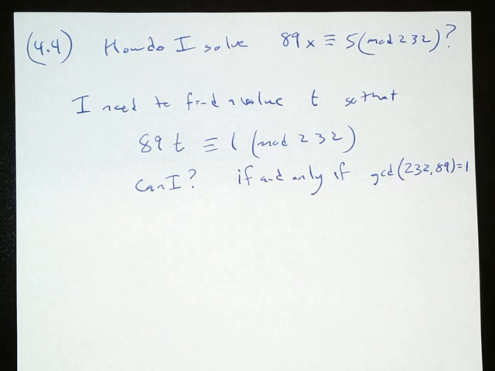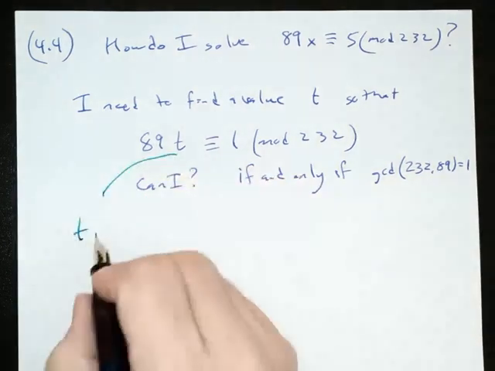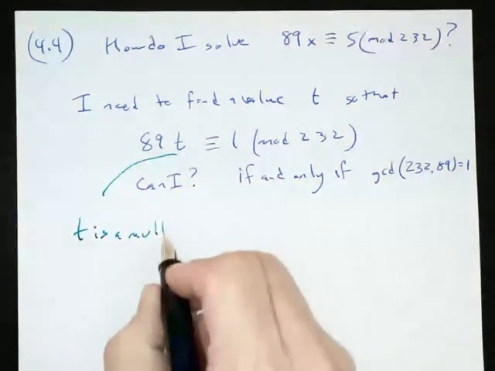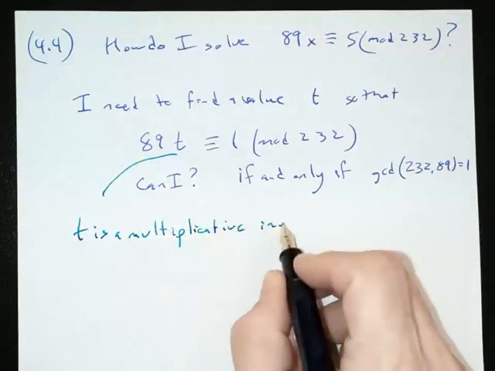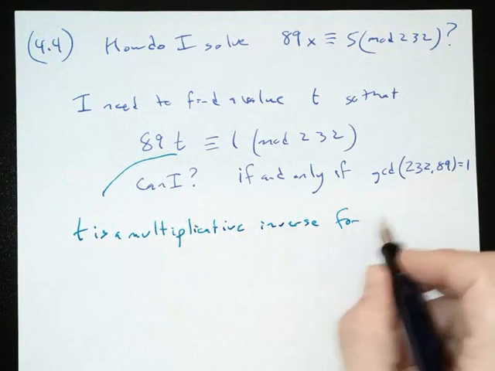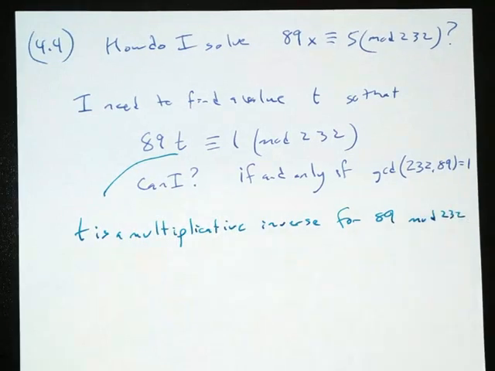It turns out we call this number t a multiplicative inverse. Now that's specific to the fact that I'm working mod 232. So t is a multiplicative inverse for 89 in the mod 232 world.